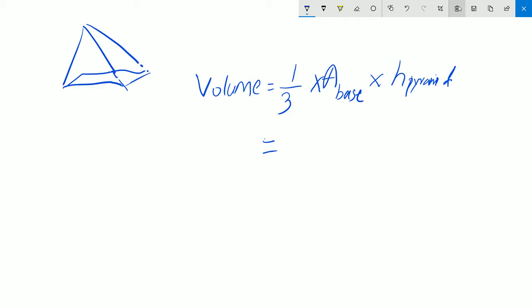Calculate the total surface area of a pyramid. For this, we have the formula area of base plus area of the 4 triangles that make up the pyramid.